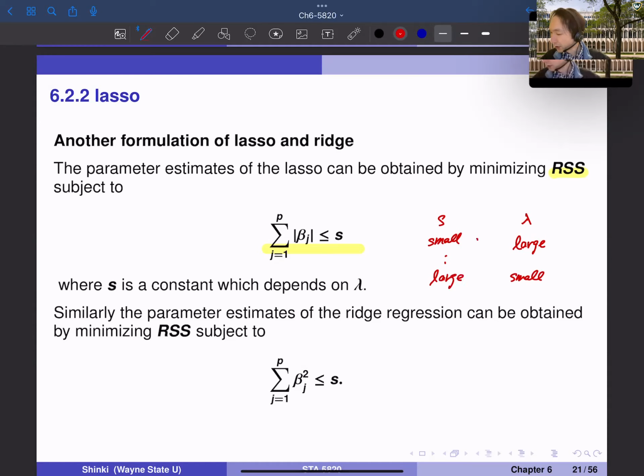We don't have any specific formula for this correspondence, but the lasso solution for a specific lambda, say lambda naught, corresponds to this optimization problem with some s naught.